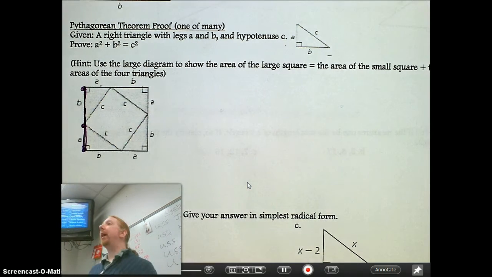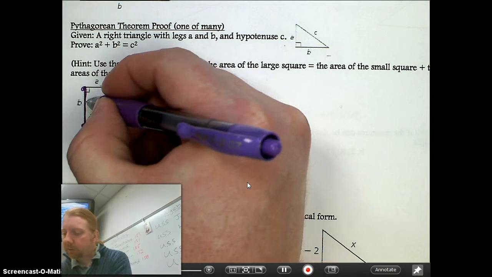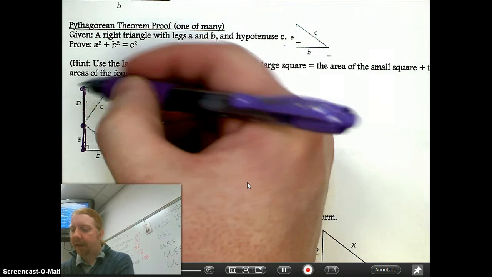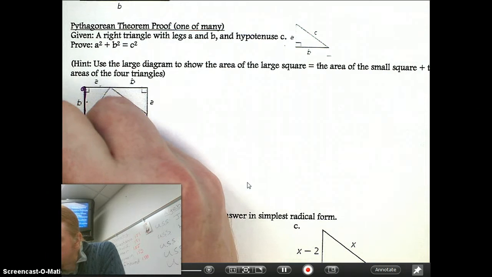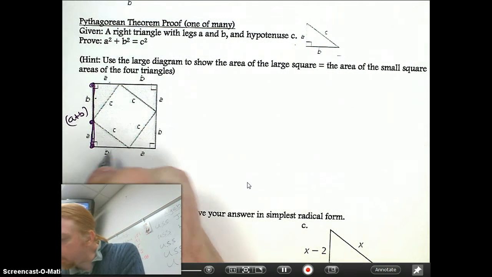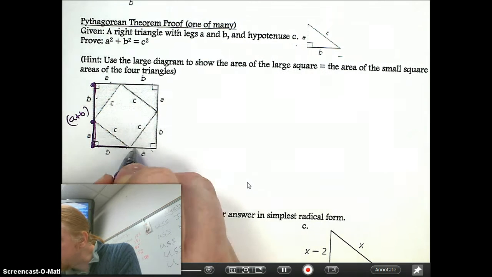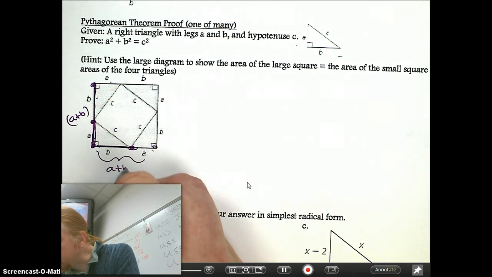Now the angles would add up to 180, and that does apply here, and it's a right triangle, so I can use those rules. But if this length is B, that length is A, how would I describe that length? A plus B. And that means this length down here would also be A plus B, right?